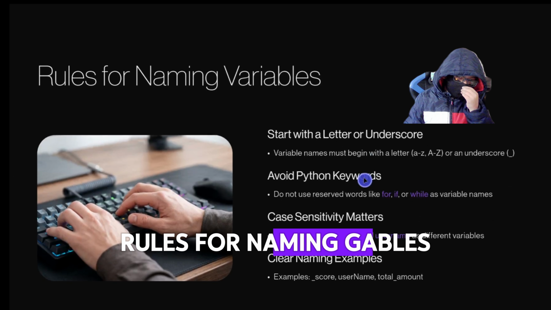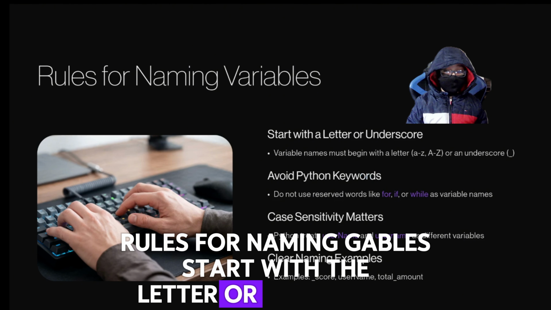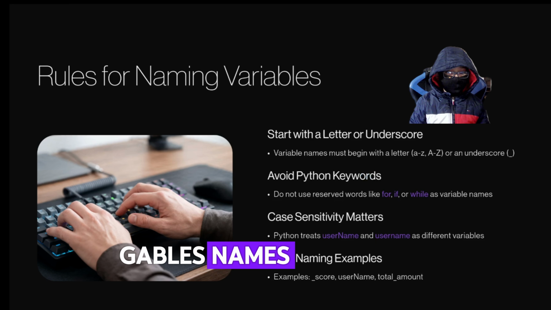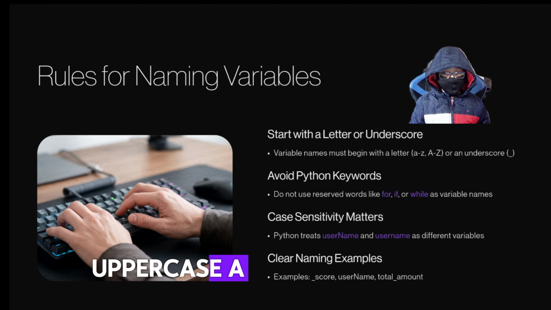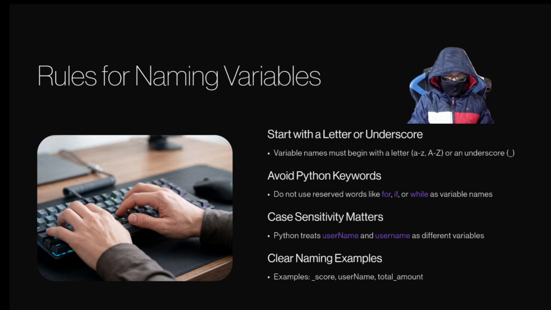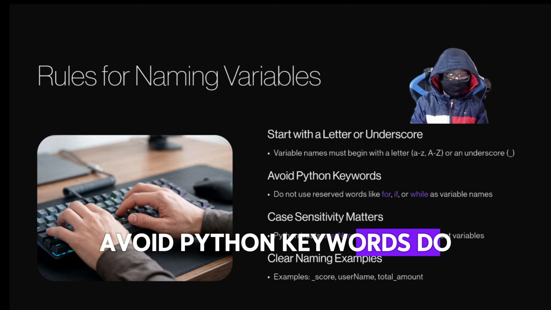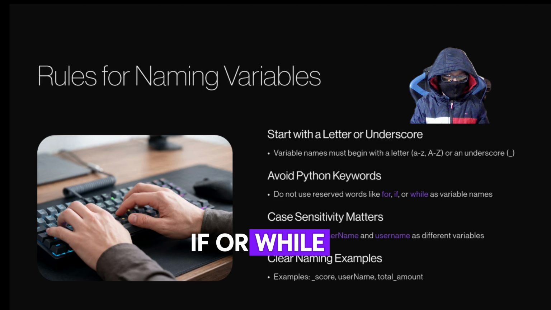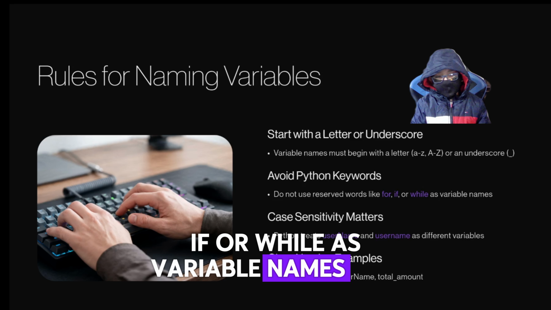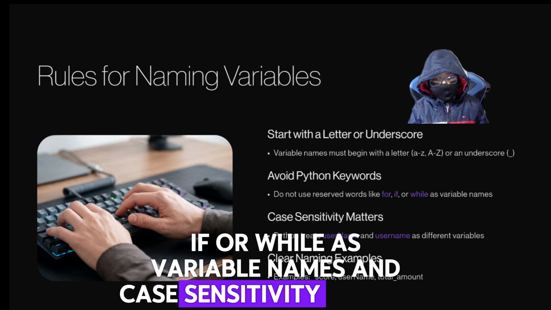Rules for naming variables. Start with a letter or underscore. Variable names must begin with a letter, lowercase a to z or uppercase A to Z, or an underscore. Avoid Python keywords. Do not use reserved words like for, if, or while as variable names. And case sensitivity matters.